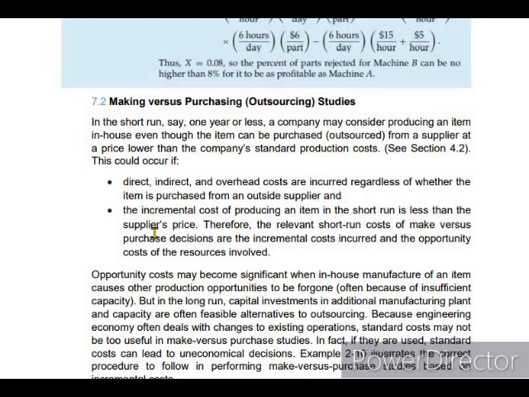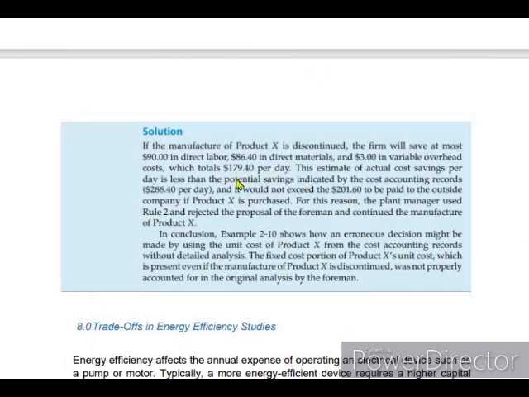Okay, remember, the incremental cost of producing an item in the short run is less than the supplier's price. So it is true, because the incremental cost computed is 179.40 per day, while the cost is 201.6 when the item is bought from the other company.